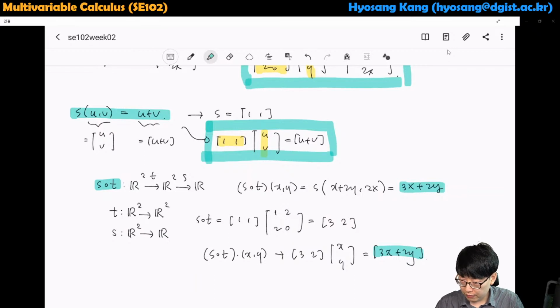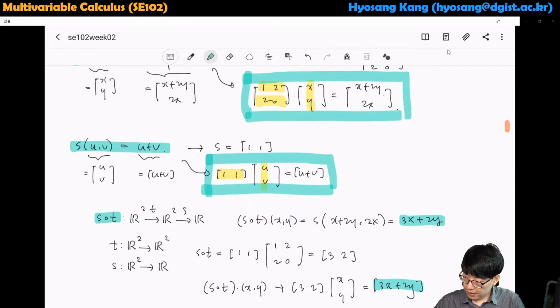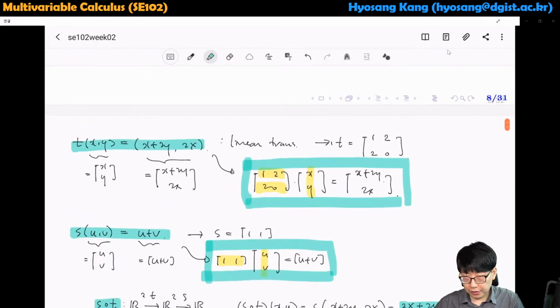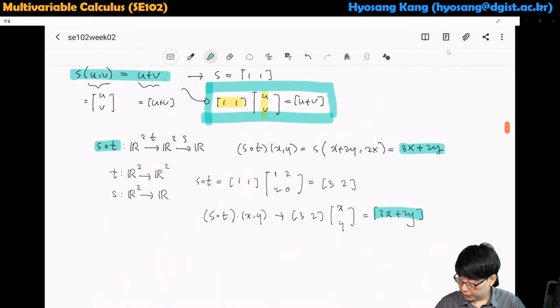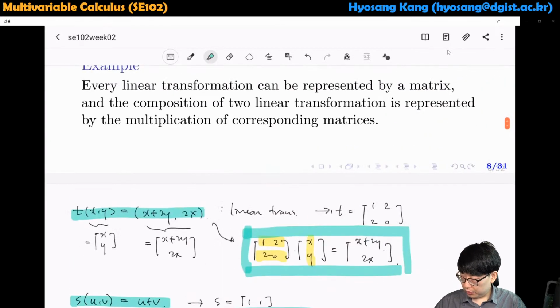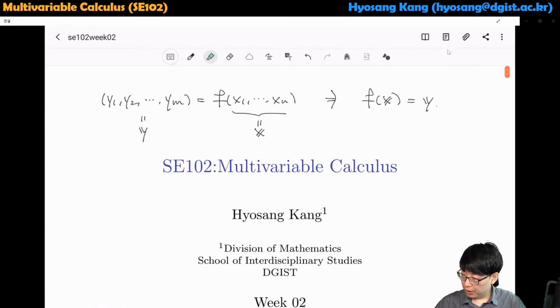Each linear transformation is represented by some matrix, and the multiplication of those matrices is the matrix which represents the composition of the two linear transformations. So this is an example. You can actually prove this in general, but we don't need that. So let's go back to our first page.